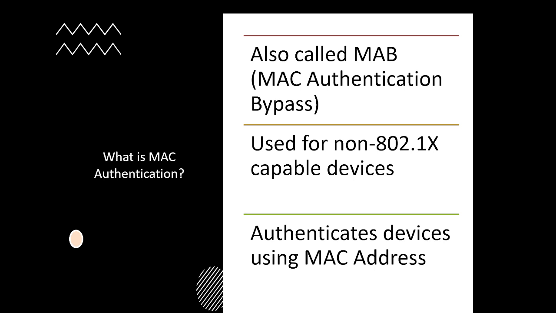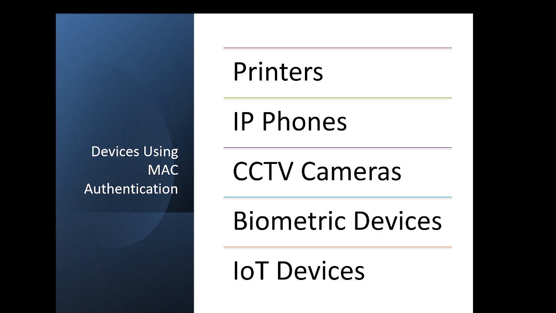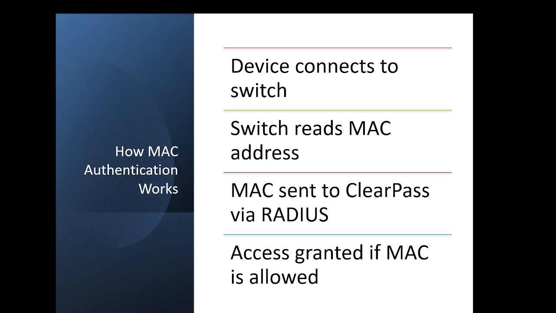How does MAC authentication work? When the device connects to the switch, it sends the device MAC address. Example: this is the MAC address of the system or printer. The switch sends the MAC address to ClearPass using RADIUS. ClearPass checks whether the MAC address is allowed.